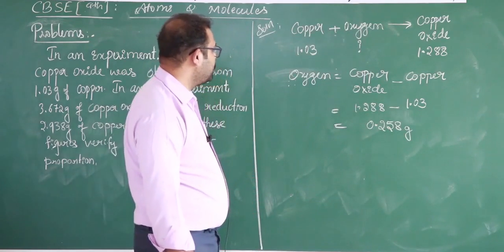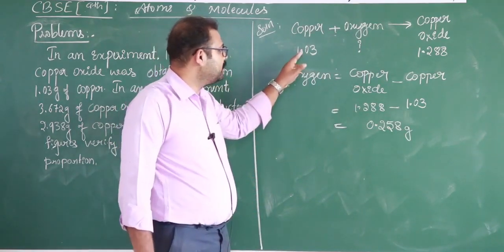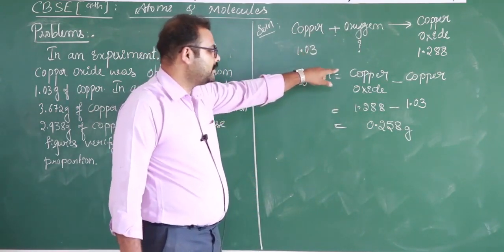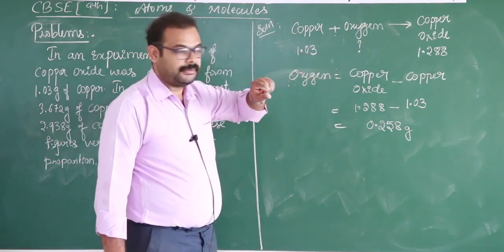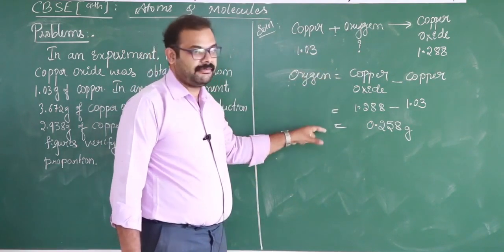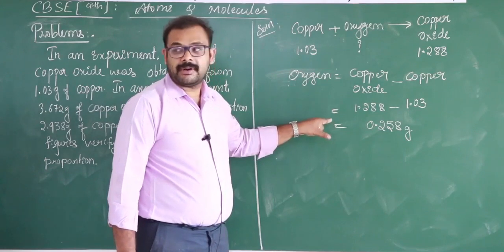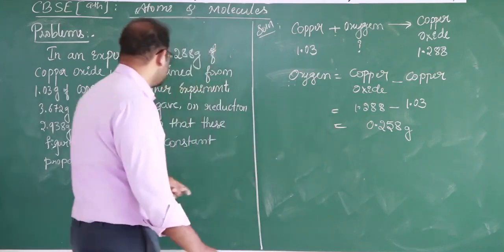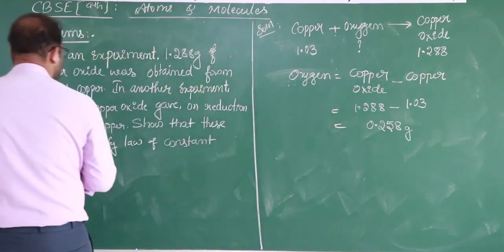Now we have to compare the ratio of copper and oxygen. If the value is the same, then we compare it with the mass ratio of the other experiment. Okay, so let me see this.